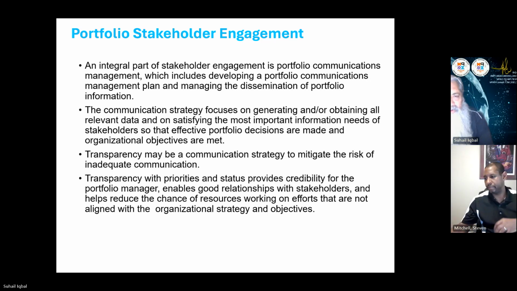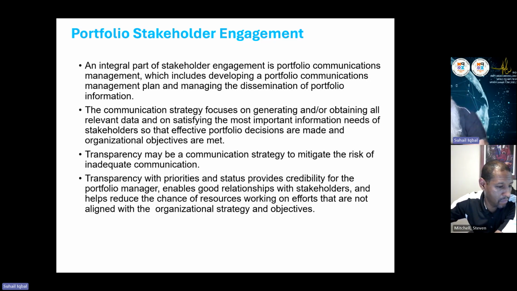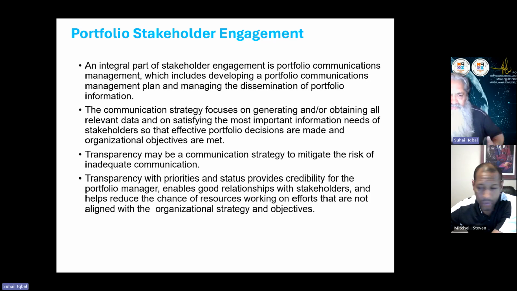So the communication strategy which we develop to interact with these stakeholders focuses on generating and or obtaining relevant data and on satisfying the most important information needs. So two ways. What do they want? How can we satisfy them?